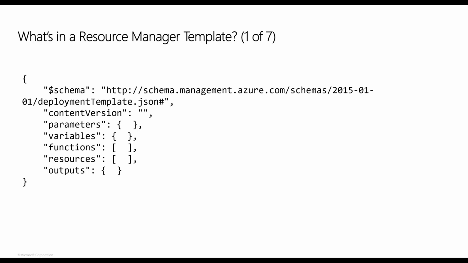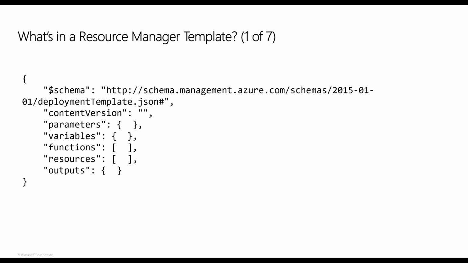So if you look at the first one, the schema is a key here, and you have http://schema management. That's the value. Each key is a string. Its value can be a string, a number, a boolean expression, a list of values, or an object, which is a collection of another set of key value pairs.